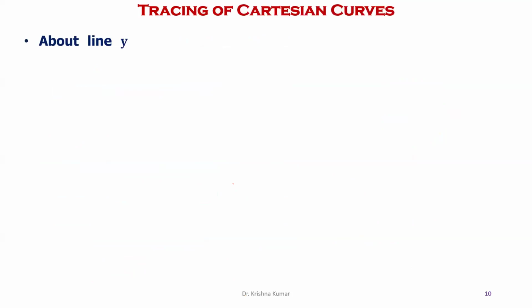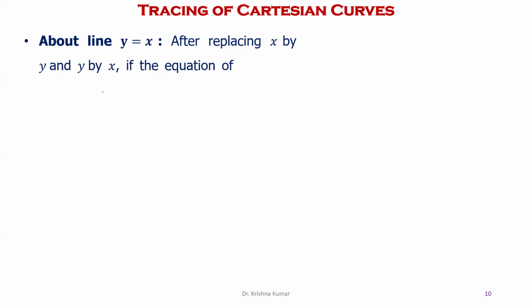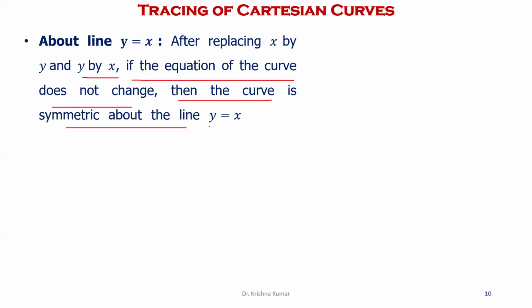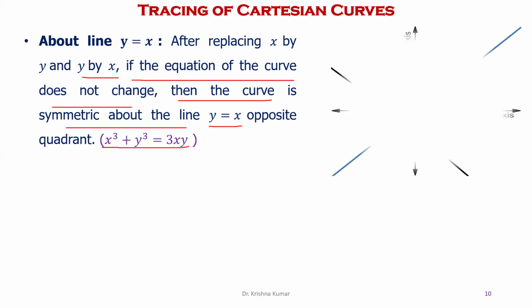The fifth symmetry is about line y equal to x. After replacing x by y and y by x, if the equation of the curve does not change, then the curve is symmetric about the line y is equal to x, or it can also be said that it is opposite quadrant. For example, x cube plus y cube equal to 3xy.